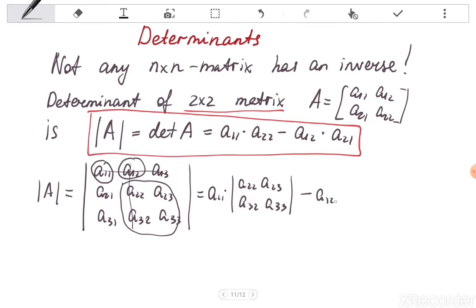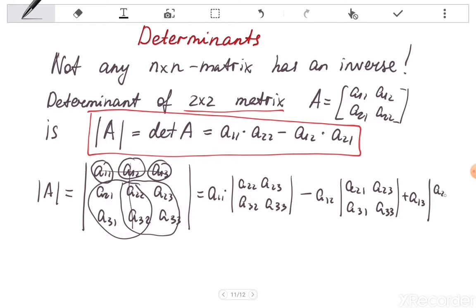So A12 times the matrix A21, A23, A31, A33, and plus A13 times this matrix, the determinant of this matrix, A21, A22, A31, and A32.